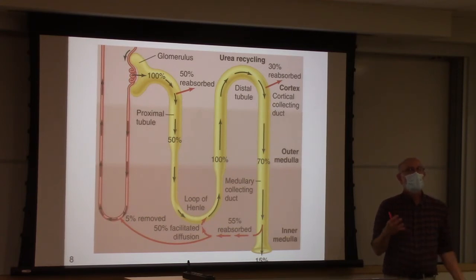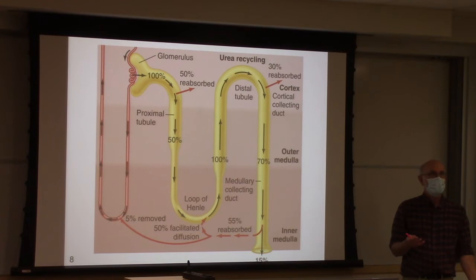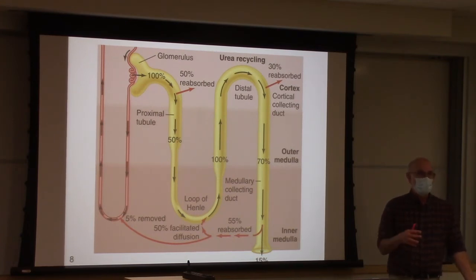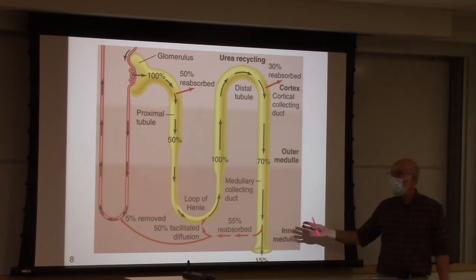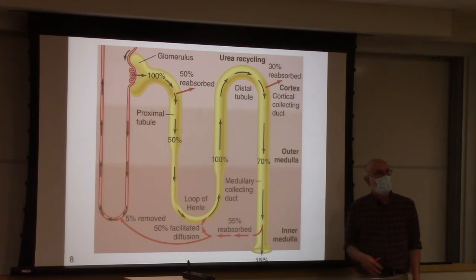I know why we make urea, because the actual product of protein metabolism is ammonia, and ammonia is toxic. So we convert ammonia into something less toxic, urea. We actually spend a lot of ATP doing that. But why we evolved a system for using the waste product to help us, I don't know the answer to that.